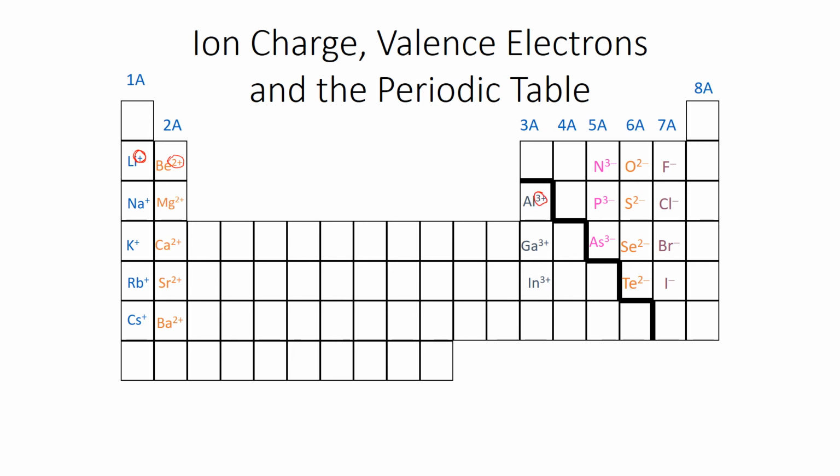We also see some consistent patterns with our non-metals on the right-hand side of the periodic table. Those in column 15 or 5A tend to gain 3 electrons to get a -3 charge. 16 or 6A get a -2 charge, and all those in column 17 or 7A get a -1 charge. So ion formation is all about electrons, either being lost or gained. And so this pattern also relates to those electron configurations, this time for the ions.